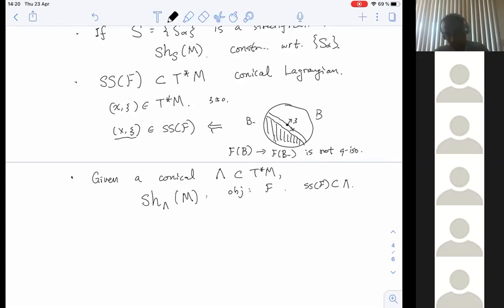So it's a full subcategory with this condition on the singular support. Okay. So it is quite combinatorial, these constructible sheaves. So it has a combinatorial and computable nature.